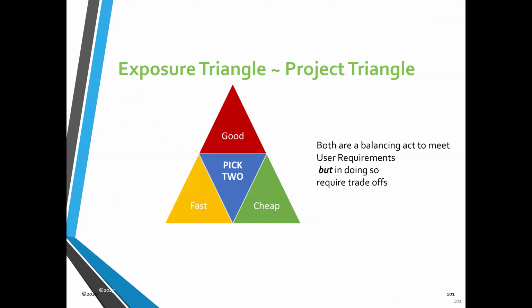Now, the exposure triangle is a bit like, I don't know whether many of you have ever been exposed to the project management triangle, which is exactly the same. You've got 3 variables, and you get to choose 2 of them, and the third one is whatever it has to be.